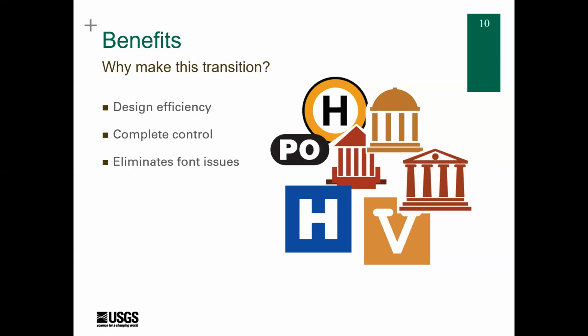And as I mentioned earlier, it will eliminate any font issues that you have if you are sharing your symbols with a colleague or someone outside of your organization. If you're using fonts to design symbols, such as the H's in our hospital symbol or the PO, your symbol may not translate when users use the symbol within ArcMap.